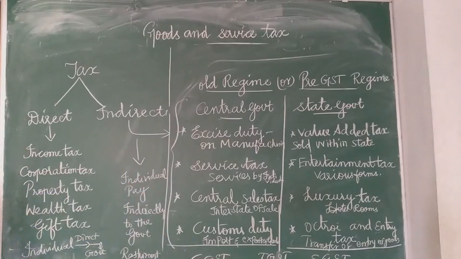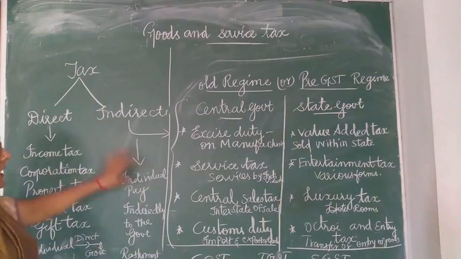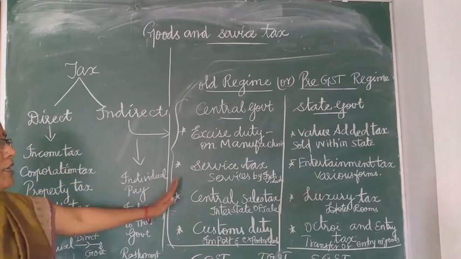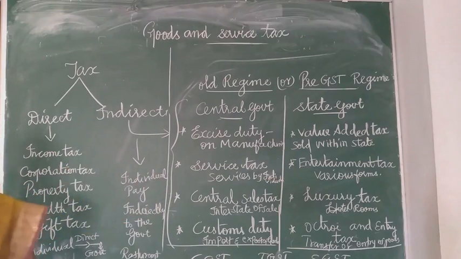As the name suggests, in one country, one tax. These indirect taxes are levied on goods and services, which is GST. It is not going to have any impact on the rate or structure of direct taxes.